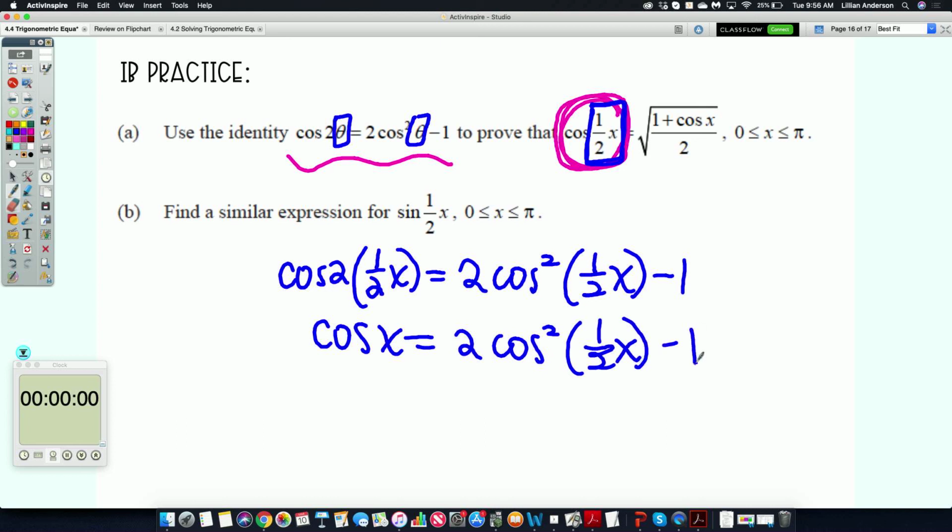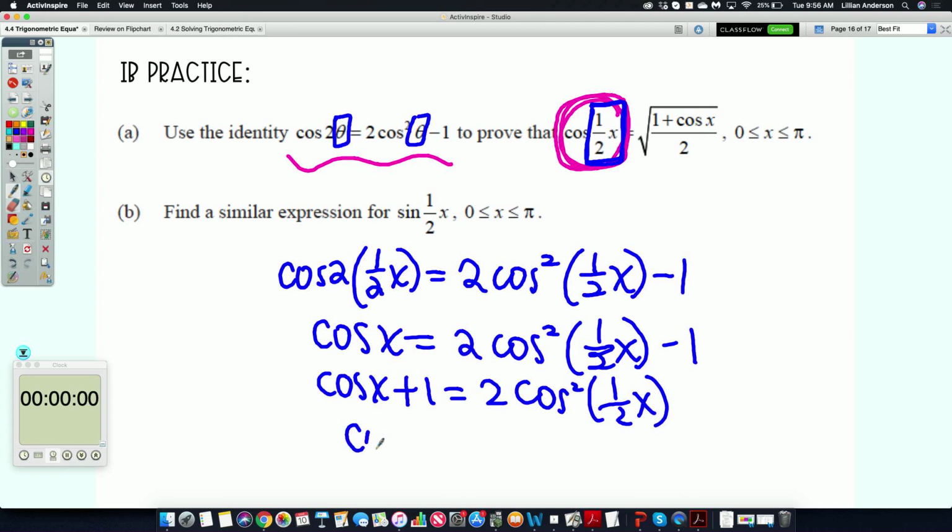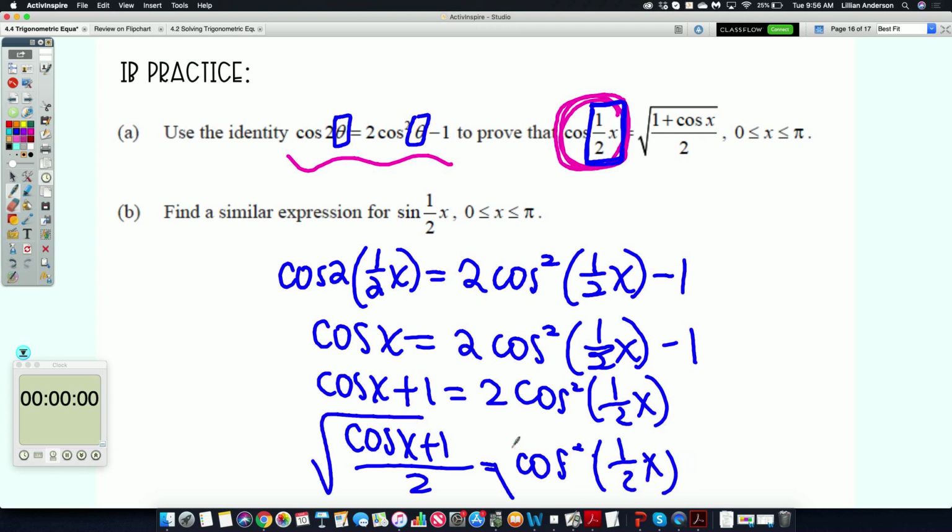And then I can continue to add 1 from here. Then divide by 2. And then take the square root.